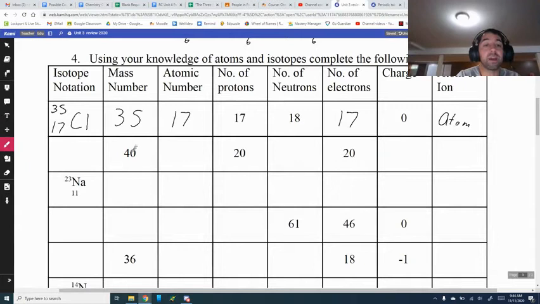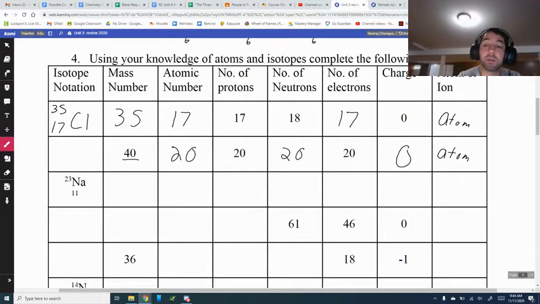All right, so next we have mass number, number of protons, and number of electrons. Okay, so number of protons is the same as atomic number again, which means we have a charge of 0 because we have the same amount of electrons as protons, which means this is an atom, not an ion. We have our mass number of 40, and we have our atomic number of 20. So to get neutrons from there, we take mass number minus atomic number, and we get 20.